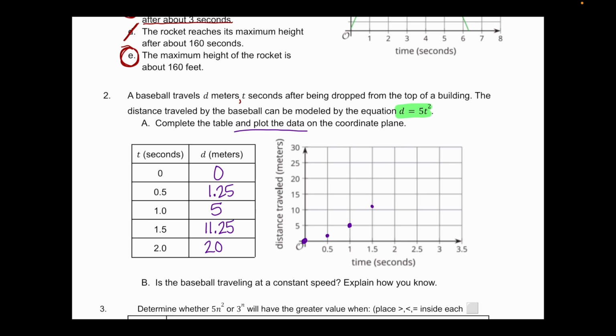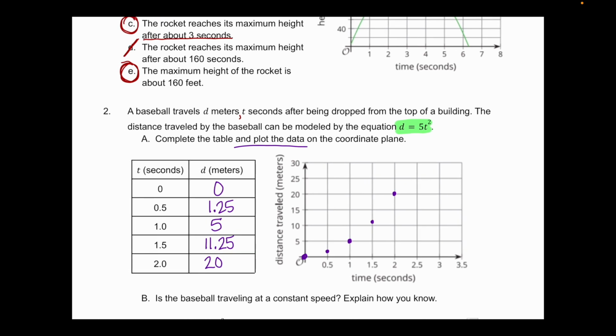And then at 2, it goes up to 20. So right there. Those look pretty accurate to me, and you can even connect them with a little bit of a curved graph if you want. Mine's a little off. I wonder if it'll allow me to make a nice pretty one like that.